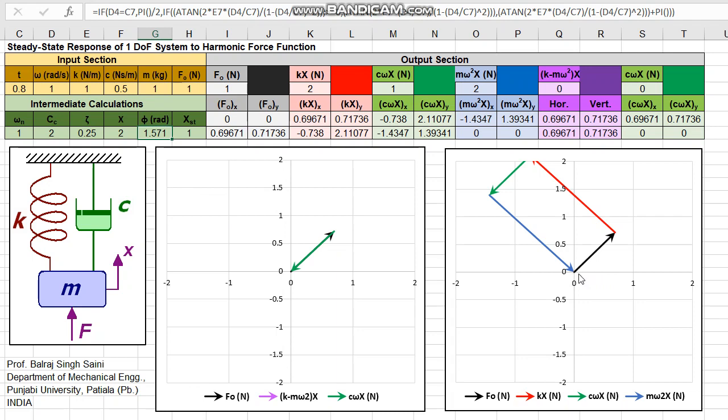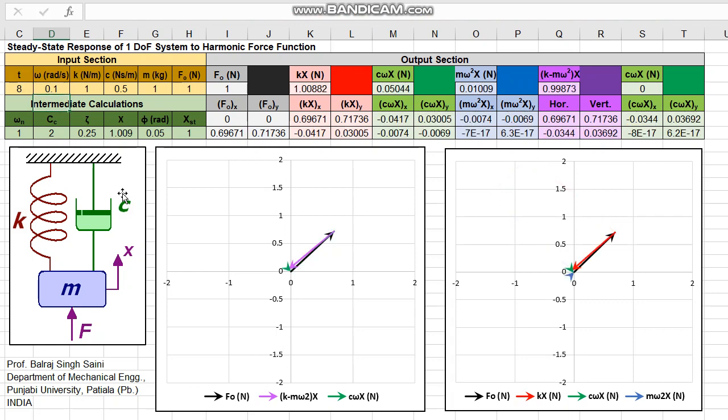Now in this situation, the external force F naught is being opposed by the dashpot force, or the viscous component. At the beginning, when omega was small, you might have noticed, when the imposed frequency is very small, the externally applied force is being balanced, countered primarily by the spring force.